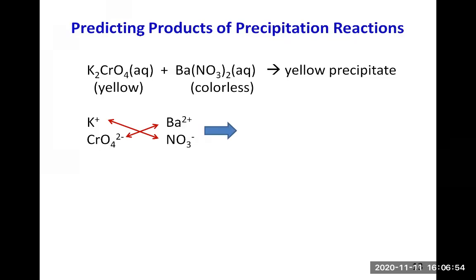If we put together the potassium and nitrate, we get the formula KNO3. That's going to be one of the products. If we put together the barium and the chromate, we get the formula BaCrO4. Those are the two possible products from this mixture of ions.